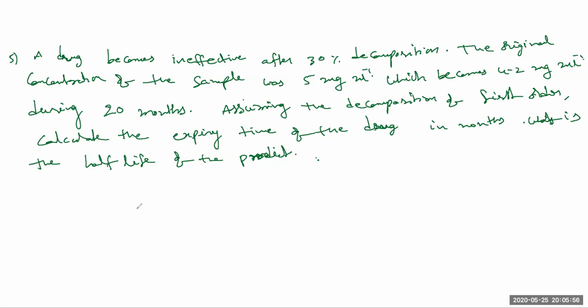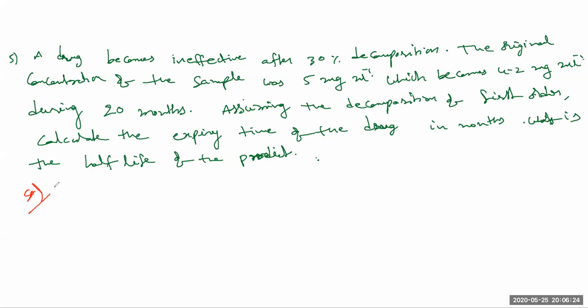Try to understand the first question. It is a first order reaction only, so apply the formula. What formula is required? K is equal to 2.303 by T into log of A by A minus X. A is given as 5 initial, A minus X is 4.2.